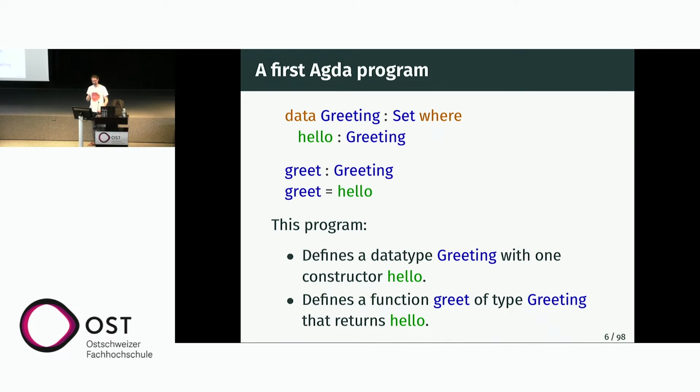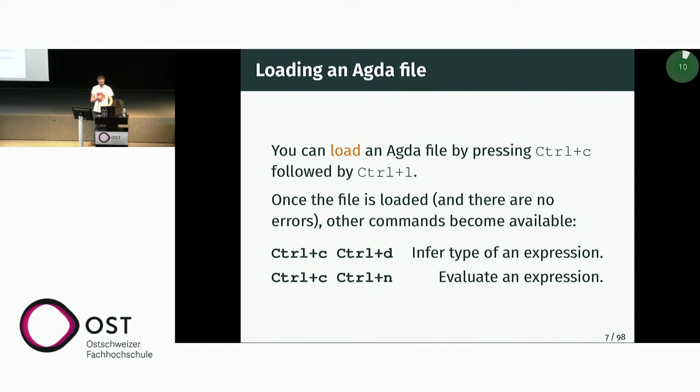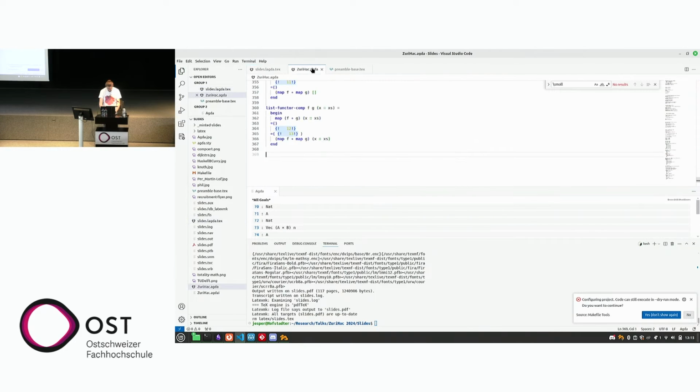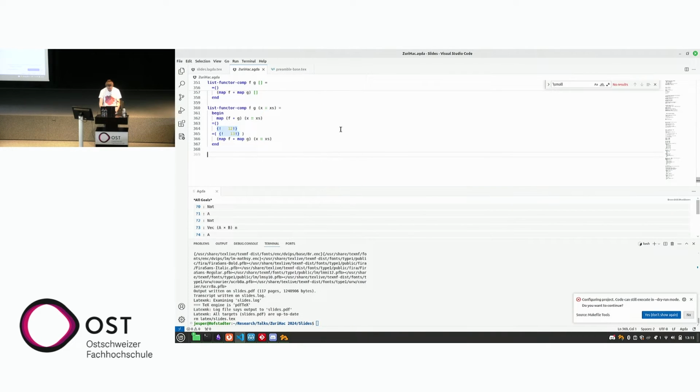Okay, good. And the nice thing we can do now is, let me switch to VS Code. We can load this file in our editor and start using some of the interactive commands. Here's my file, and sorry, I should have prepared this better.